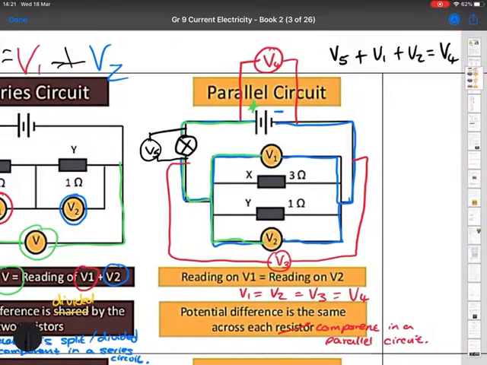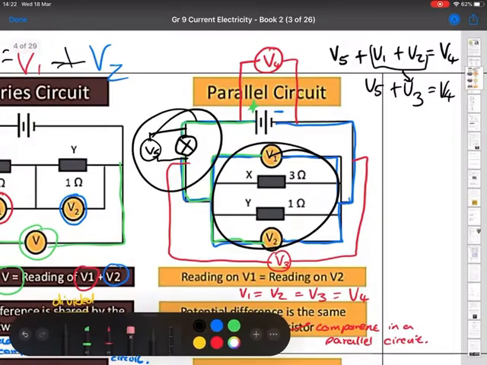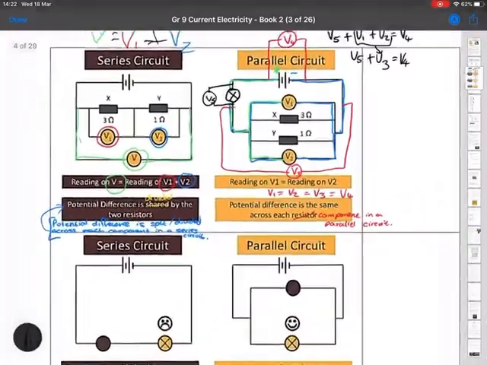So I'm going to add them up together, voltmeter 1 and 2. And remember, voltmeter 1 and 2 is the same as voltmeter 3. So I could even say voltmeter 5 plus voltmeter 3, because 3 is actually the same as 1 and 2. That's equal to voltmeter 4. And we call that a combination circuit where you've got a parallel part and a series part.